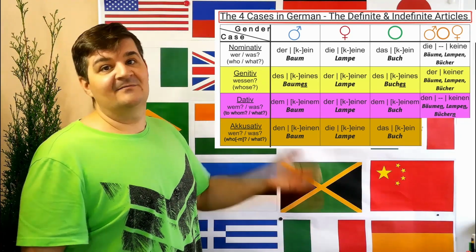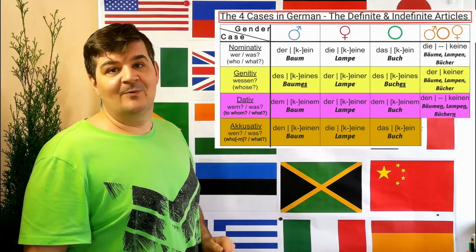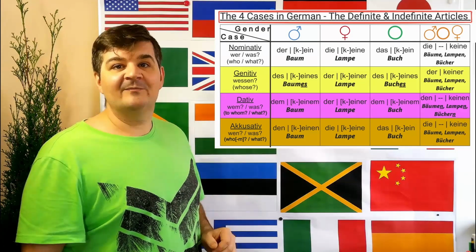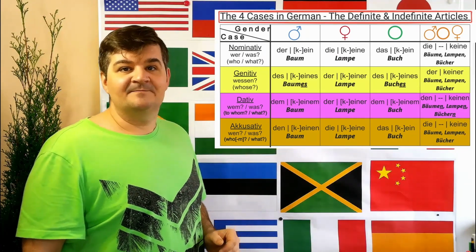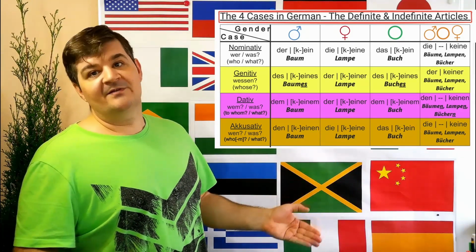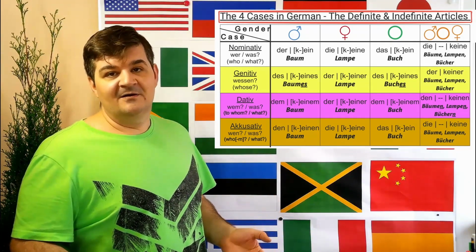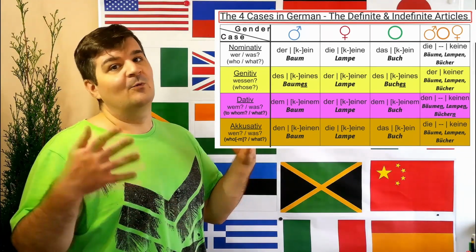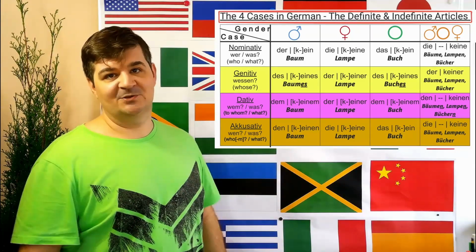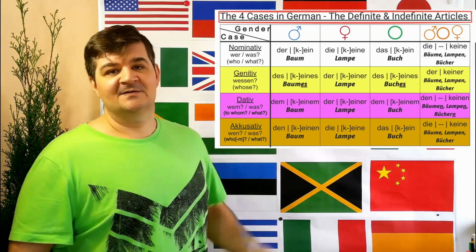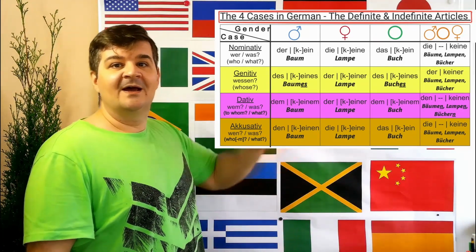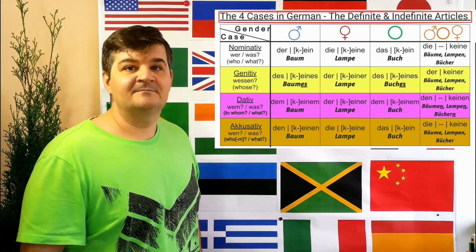And again, you repeat the nominative way in the plural form as well, and you will have die Bäume, die Lampen, and die Bücher. Of course, the indefinite ein does not exist, but what you are capable of producing here is, of course, the opposite way, and to say none of them. So you will say keine Bäume, keine Lampen, and keine Bücher.